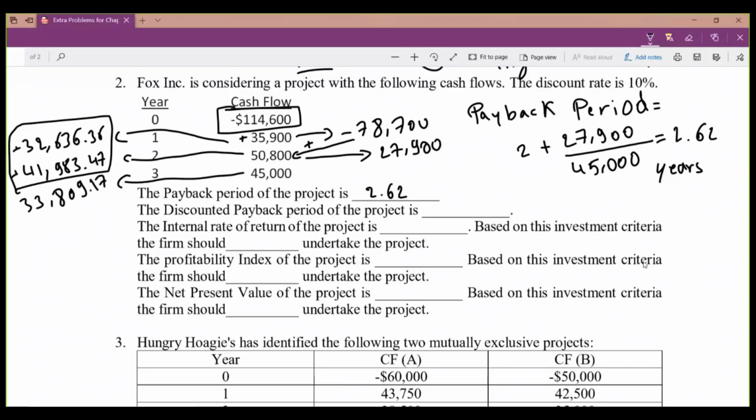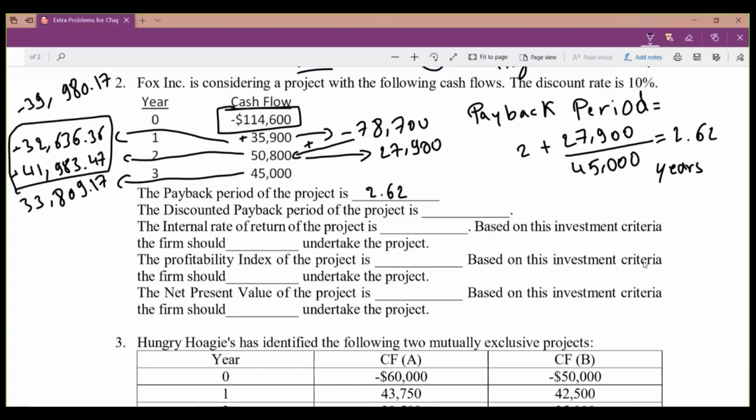So around $74,000 is going to be recovered in the first 2 years. So the present value of those two cash flows minus the 114,600 will give me minus 39,980.17.